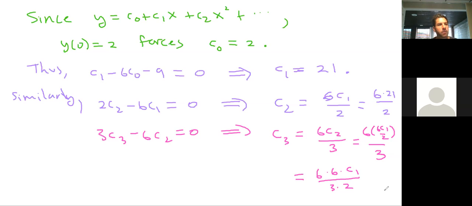And what I'd like to call your attention to is particularly what I am putting my cursor around. The C sub 2 is 6 times the previous coefficient over 2. And then C sub 3 is 6 squared times C1 over 3 times 2.